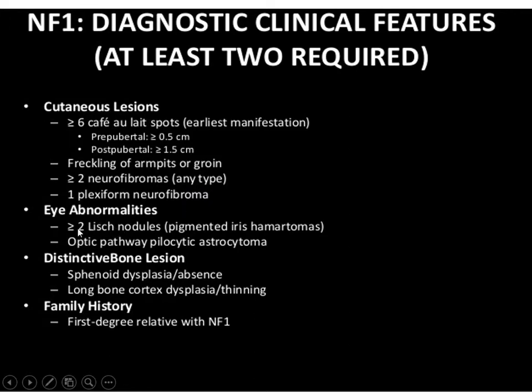Eye abnormality: more than 2 Lisch nodules, pigmented iris, optic pathway pilocytic astrocytoma. Distinctive bone lesions: sphenoid dysplasia and long bone cortex dysplasia, thinning. And family history of a first degree relative.